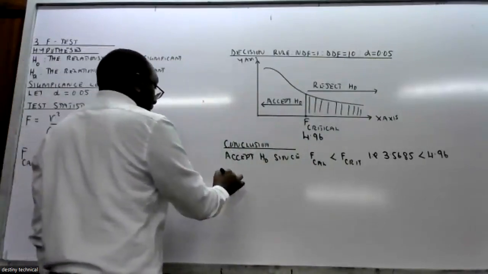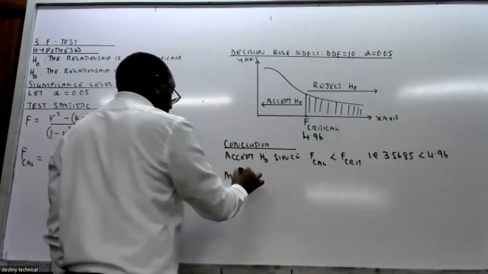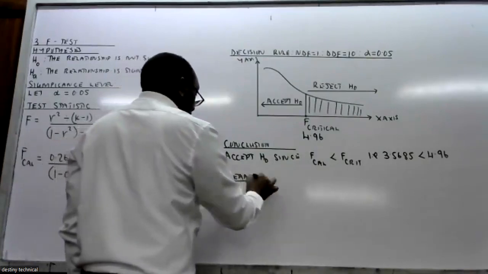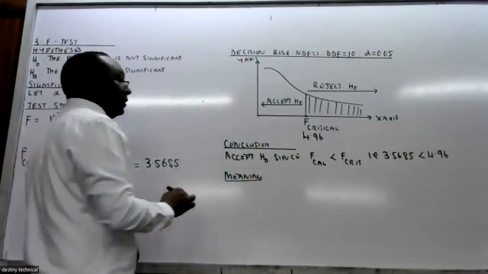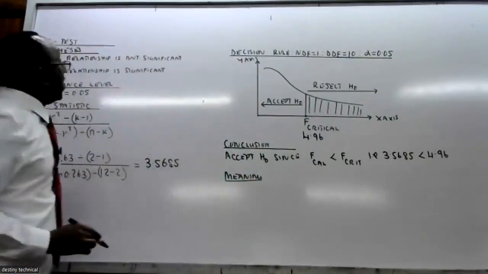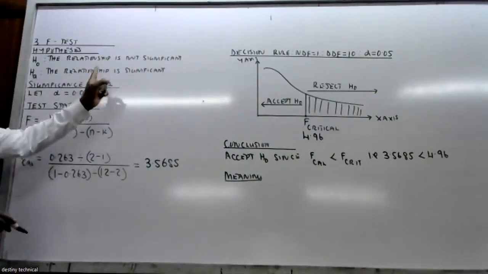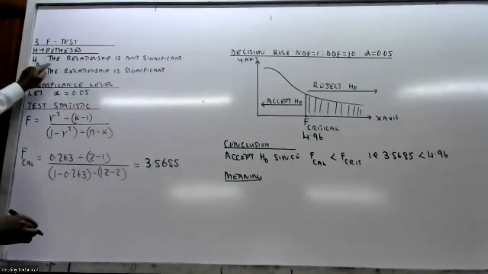Then we need to make the meaning. The meaning of that is, remember our null hypothesis was the relationship is not significant.